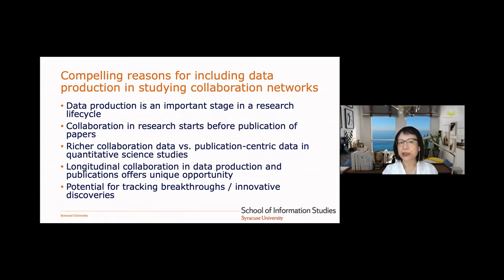Collaboration in research starts before publication of papers, and this is a known fact. Research collaboration data, if we include the data production data, the data about the data production process, can be much richer than publication-centric data in quantitative science studies.